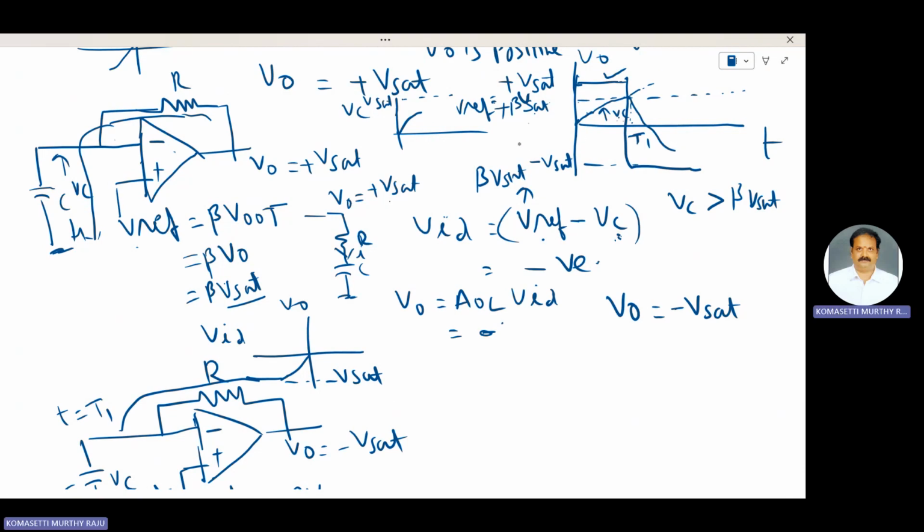One more level is also introduced here, that is, the negative reference voltage, negative V reference. That means minus beta V sat.